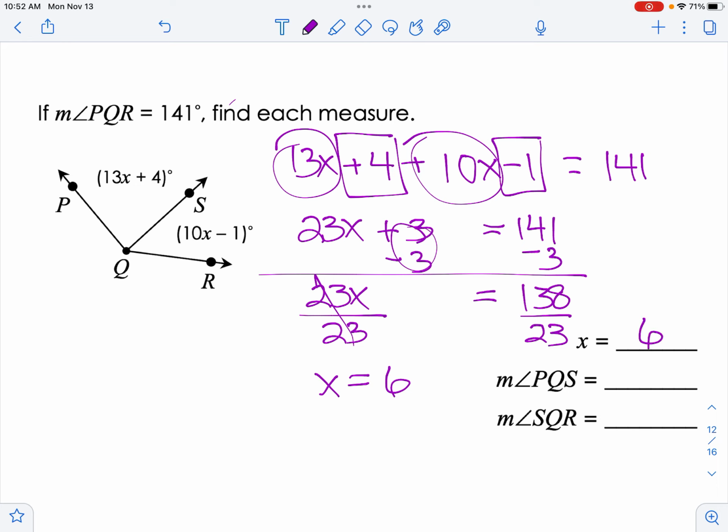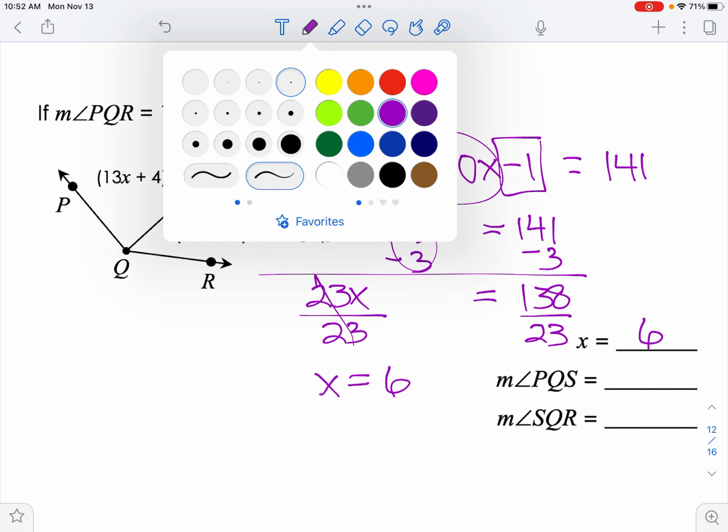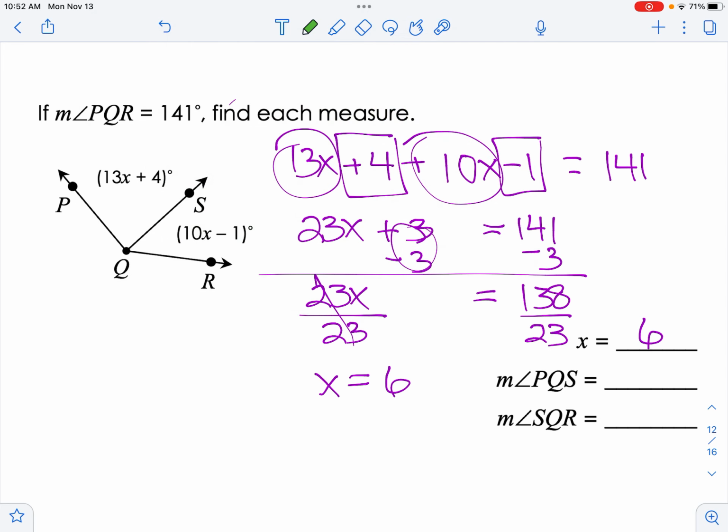I can write it over there. Now, the next thing they want to know is the measure of angle PQS. That's this one right here, and they tell us that it's 13x plus 4. So I'm going to plug in. PQS would be 13 times 6 and then plus 4.